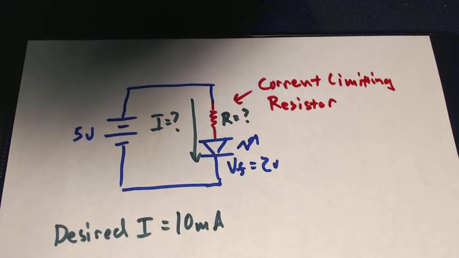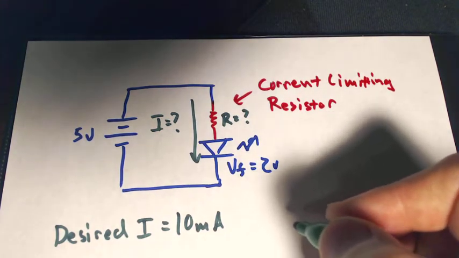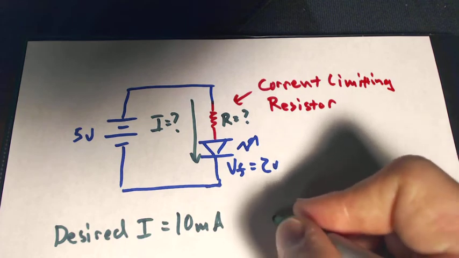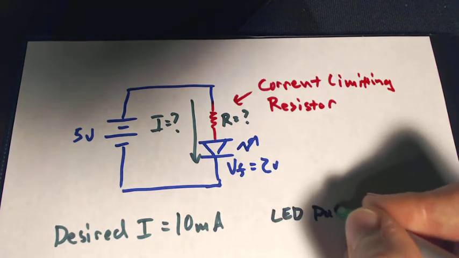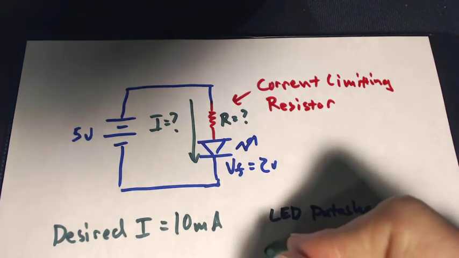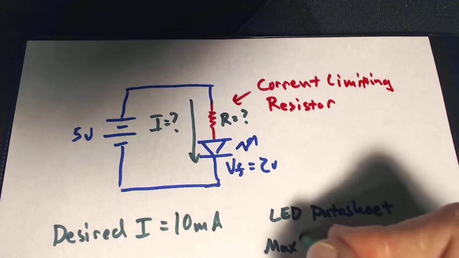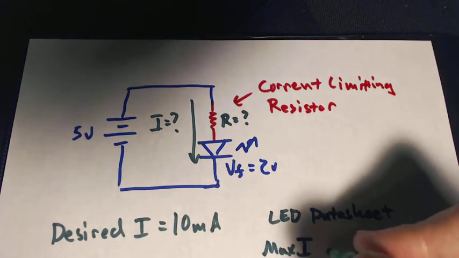Now, where did I pick that value? Why not 20 milliamps? Why not 1 milliamp? So, again, if you look in the data sheet, you're going to find something called the max current.